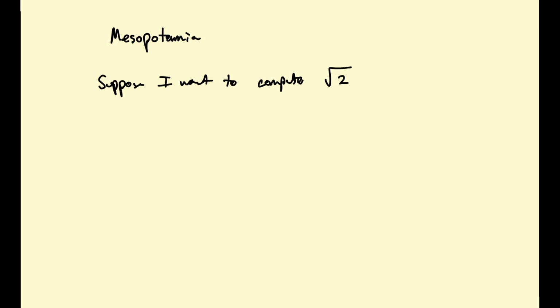One of the techniques that we use often in mathematics is to make a guess as to the value and then improve the guess. And if you improve the guess, then you can improve that further, and you can keep improving and improving until you get whatever accuracy you desire for the problem.